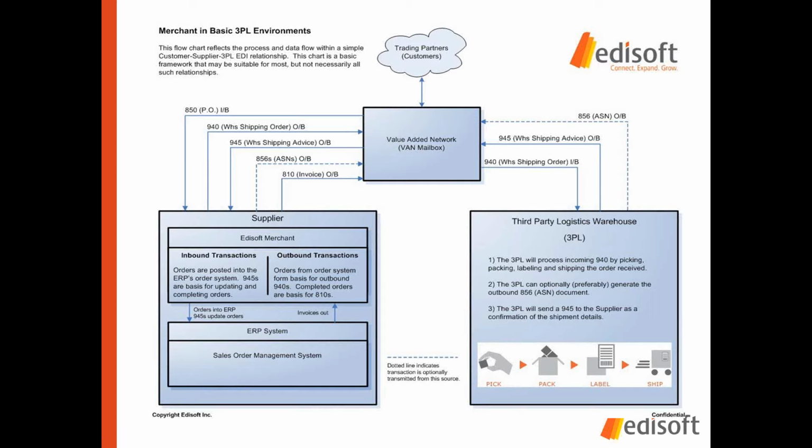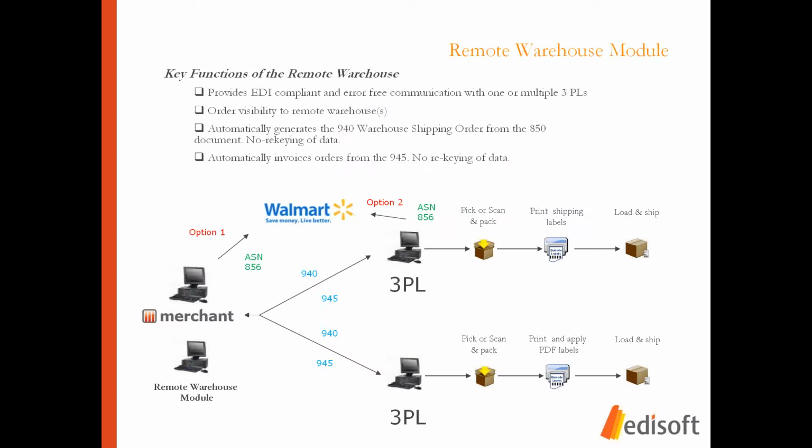Now we'll talk more specifically about the features of the Edisoft Remote Warehouse module itself. Some of the key functions of the Remote Warehouse provide EDI compliant and error-free communication with one or multiple 3PLs, and complete visibility into the Remote Warehouse pick, pack, and ship function.